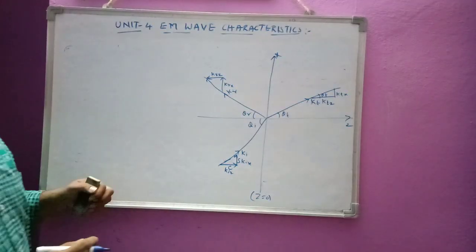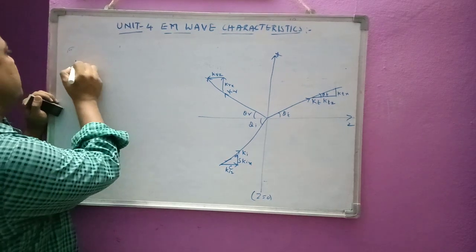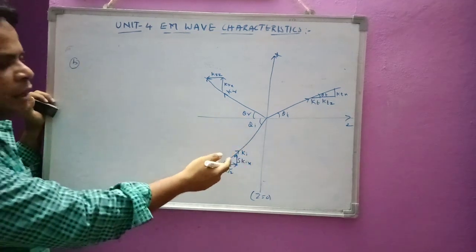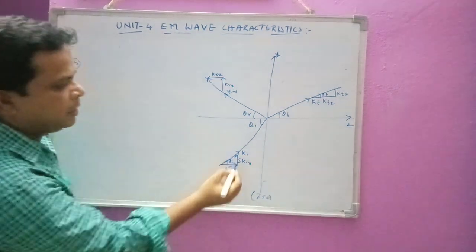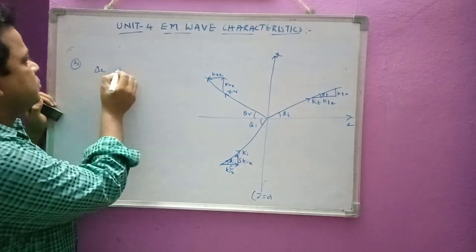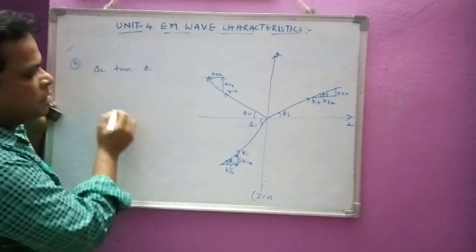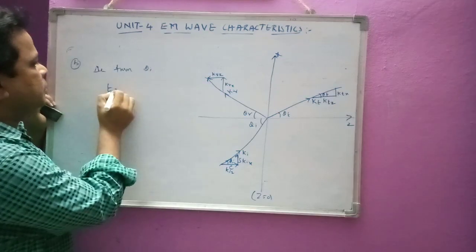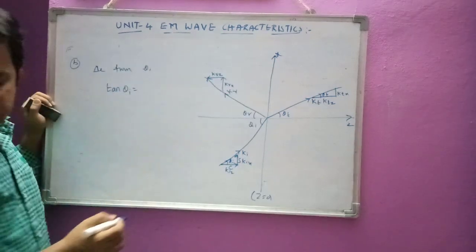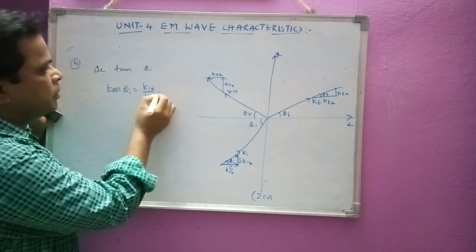Now in question B he is asking us to find the angle of incidence, theta i. From the triangle, tan theta i is equal to kix by kiz.